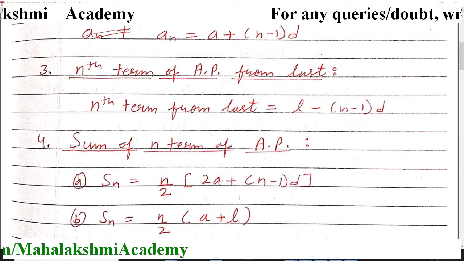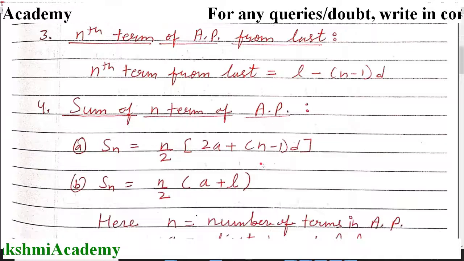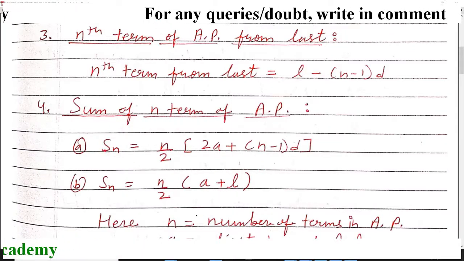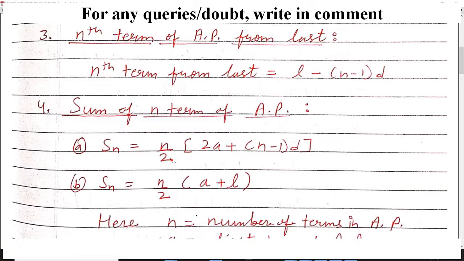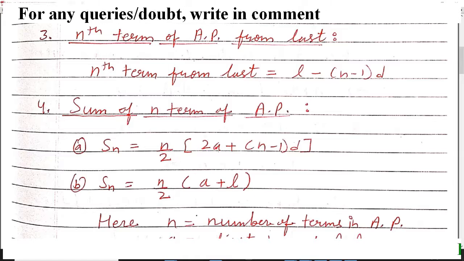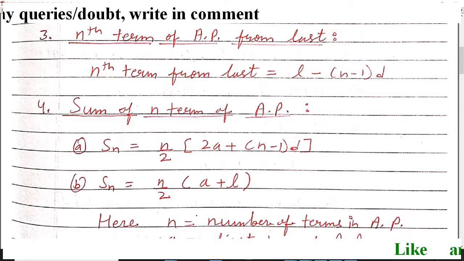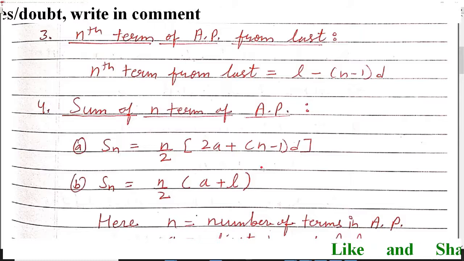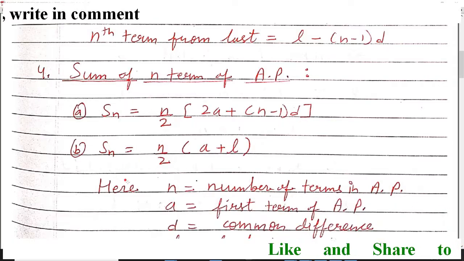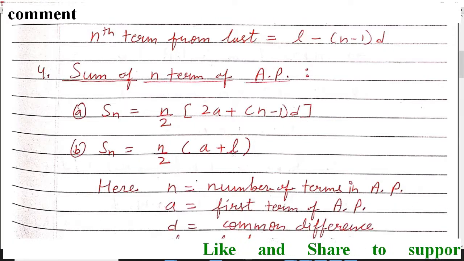Now the sum of n terms of AP. There are two formulas. S_n equals n upon 2 times the bracket 2a plus (n minus 1)d, and the other formula is S_n equals n upon 2 times (a plus l).